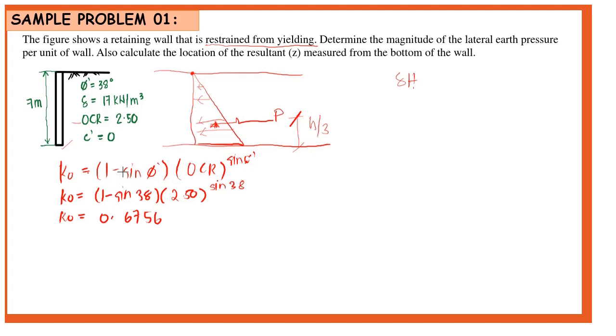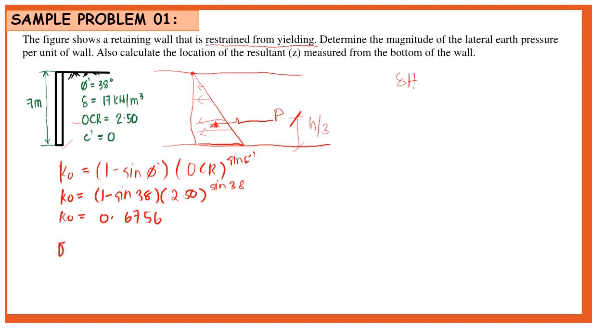So kindly check if my calculation is correct. Okay, we have now our lateral earth pressure coefficient, which is equal to 0.6756.